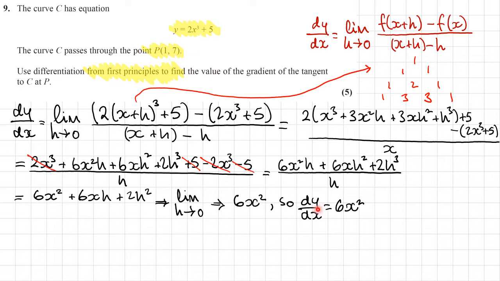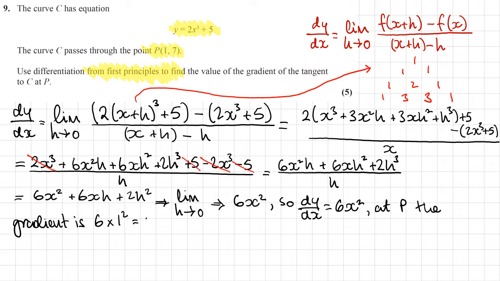We get 6x squared. So now what we do is we're going to put in a value of 1 to find the gradient at this point P, and then use that to find the equation of a straight line. So at P, the gradient is 6 times 1 squared.